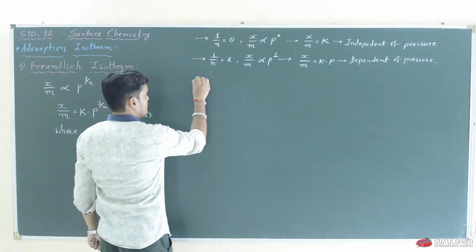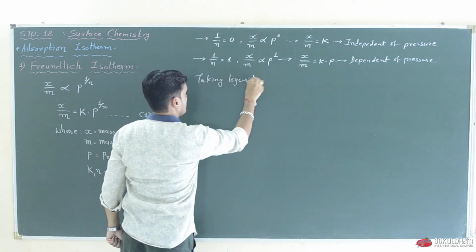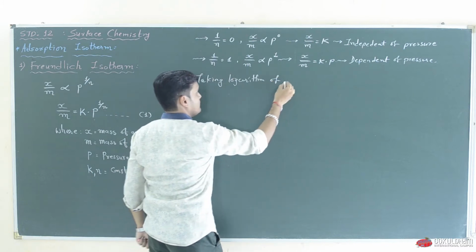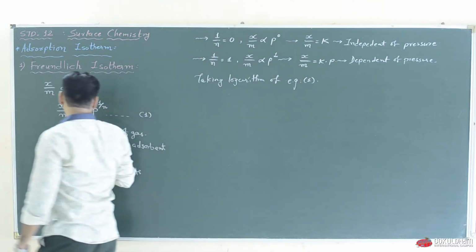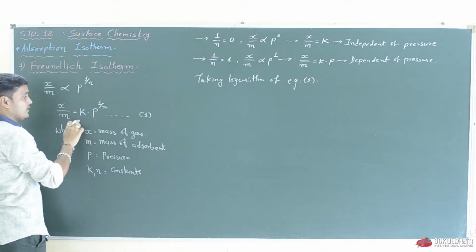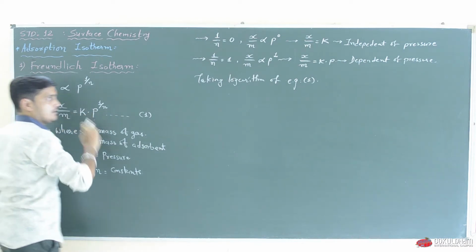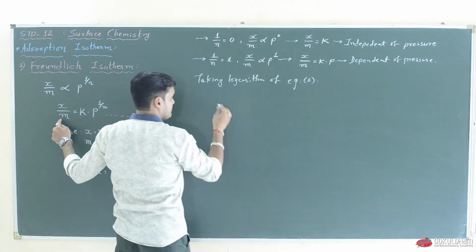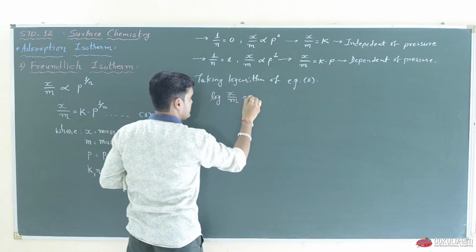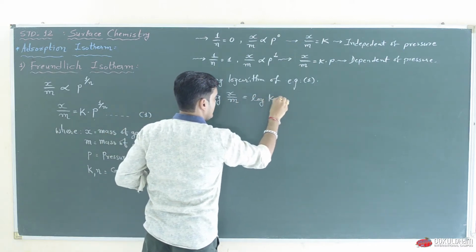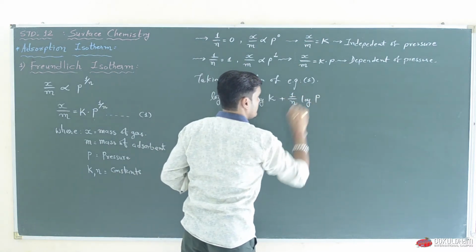Now taking the logarithm of equation number 1, x by m is equal to k into p raised to 1 upon n, this equation becomes log x by m is equal to log k plus 1 by n log p.